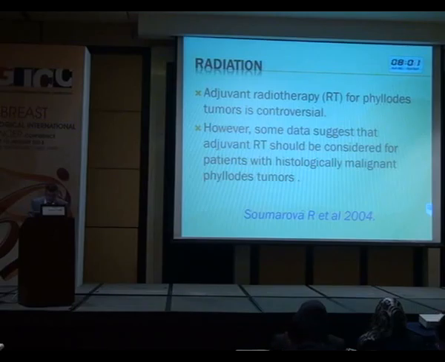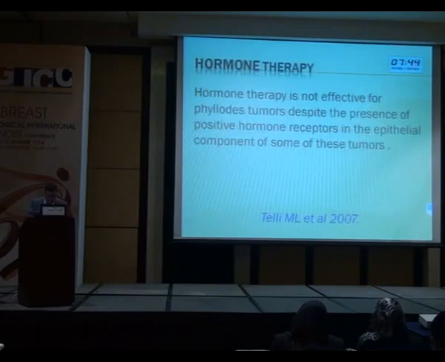Adjuvant radiotherapy for breast Phyllodes tumor is controversial, and some data suggest that adjuvant radiotherapy should be considered for patients with histologically malignant disease, as observed by Samorova et al., 2004. Hormonal therapy is not effective for Phyllodes tumors, despite the presence of positive hormone receptors in the epithelial component of some of these tumors.